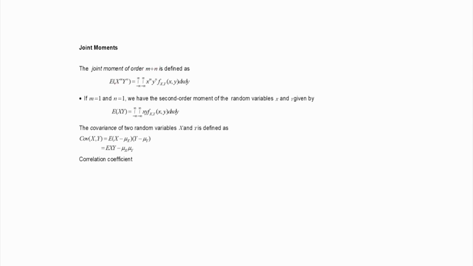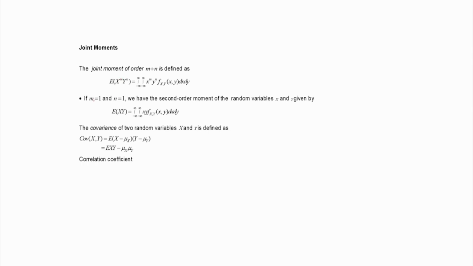This is defined as E of X to the power m, Y to the power n, that is equal to, again, a double integral, where you multiply X to the power m and Y to the power n with the joint PDF f_XY at point (x, y), and you integrate with respect to dx and dy. So, this is the expression for the joint moment of order m plus n.